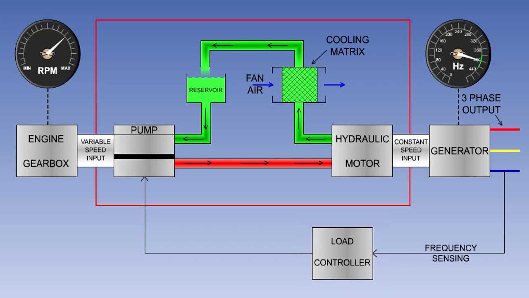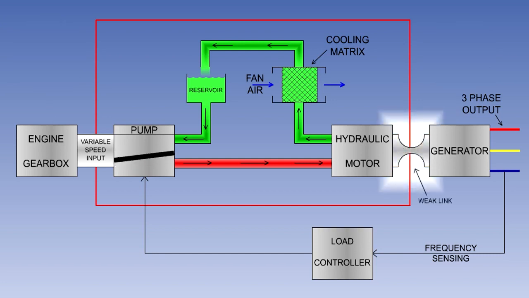Most CSDUs are capable of maintaining the alternator output frequency within 5% of 400 Hz. That is, between 380 and 420 Hz, throughout the engine's full RPM range. In the event of a mechanical failure in the generator, the CSDU is protected by a component known as a quill drive.